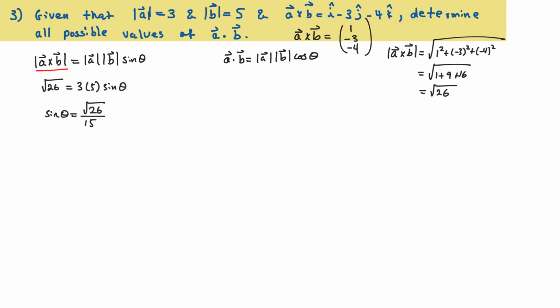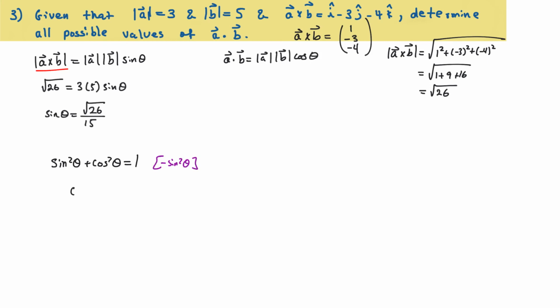On the right-hand side here, we know for the dot product, the magnitude of A is 3, the magnitude of B is 5. We don't have cosine of theta, but there is a relationship between sine theta and cosine of theta, and that is, using our trig knowledge, sine squared theta plus cos squared theta is equal to 1. So I can rearrange for cosine squared theta by subtracting sine squared theta from both sides.